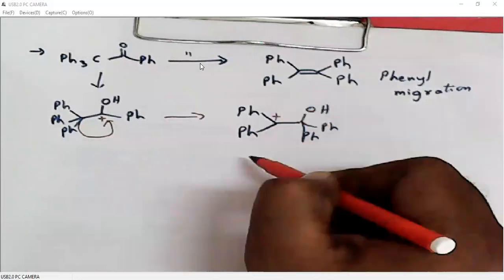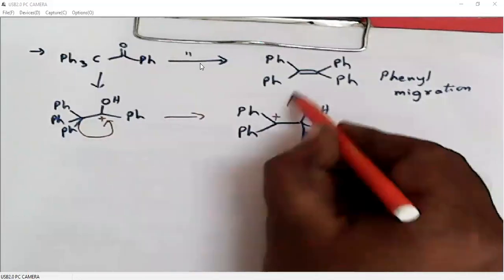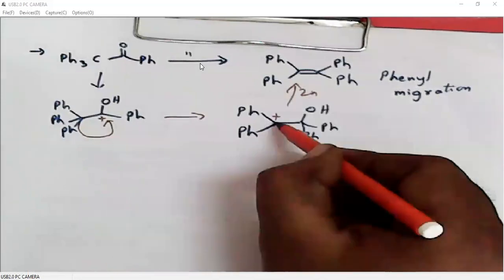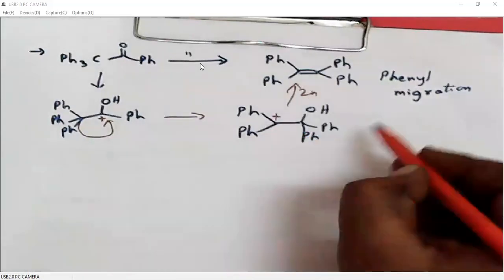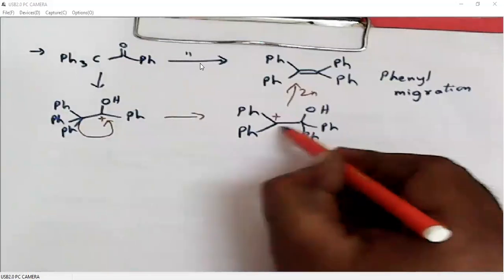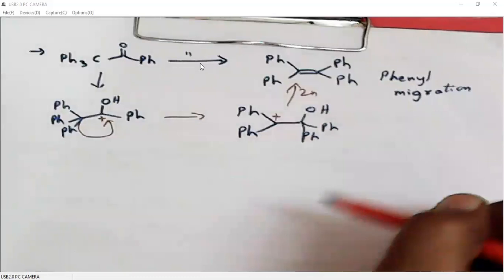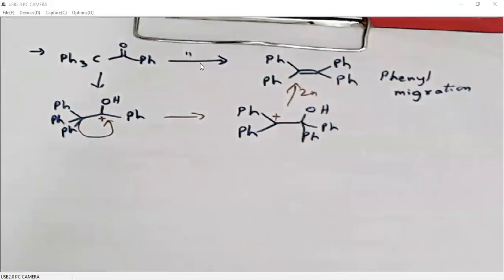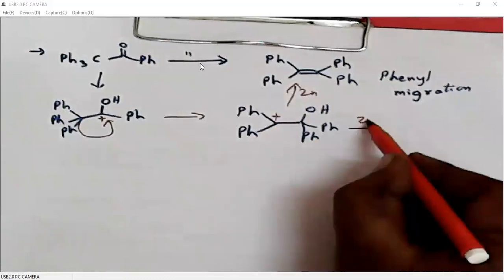Okay, when we add zinc, it generates an anion. That anion will polarize towards this carbon, so it will generate a carbon-carbon double bond, and OH will be leaving. Otherwise, I'll write that step also.